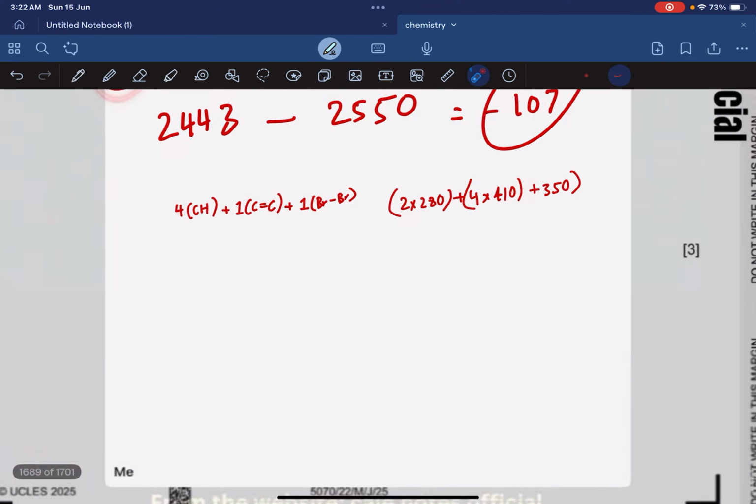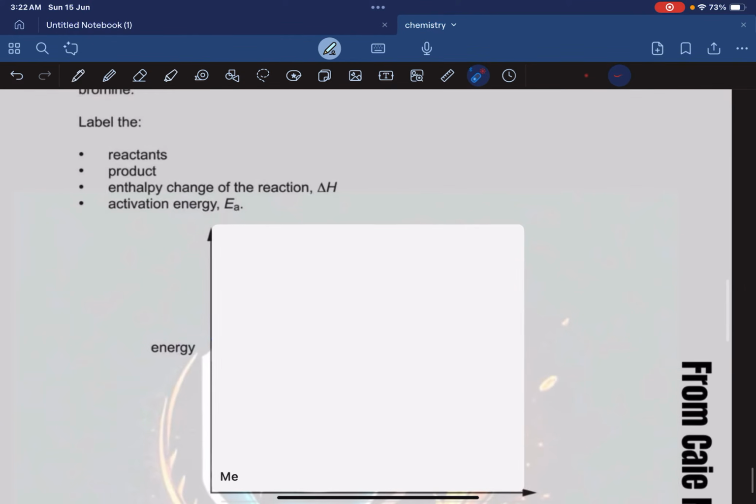That means that this is going to be an exothermic reaction, and we know that in an exothermic reaction the reactants are above, sorry, I just thought about endo, and the products have less energy, so they're going to be below.